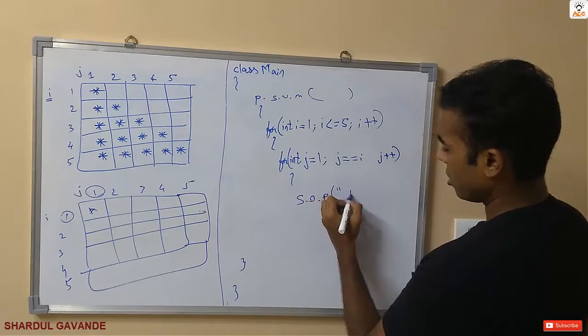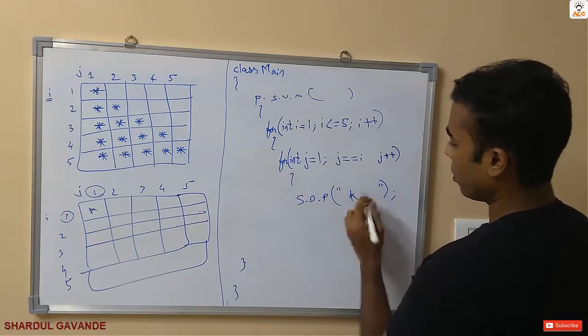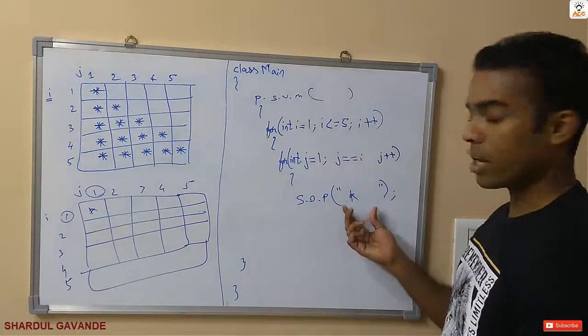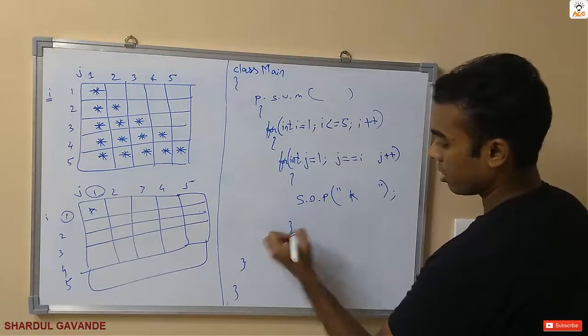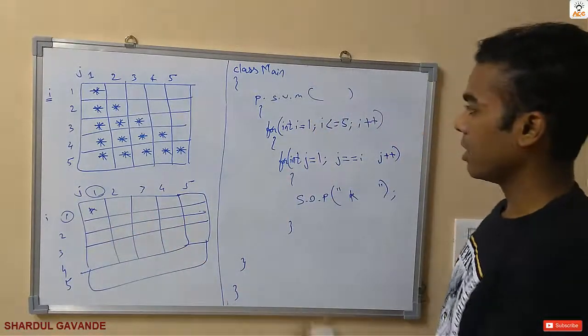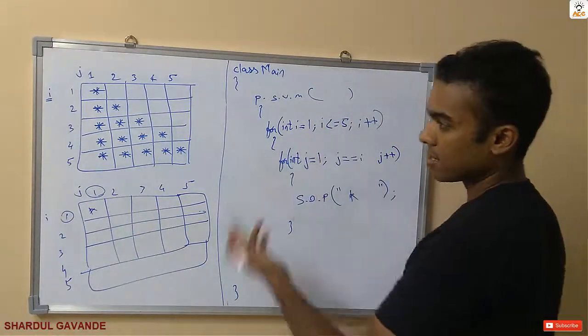and if this is satisfied, then print a star here, and I would put some space because it would be easier to identify, and close over here. Suppose that when the loop starts, initialization is 1, I is less than or equal to 5.